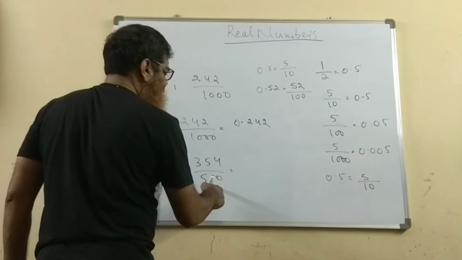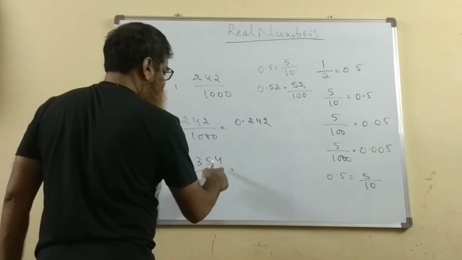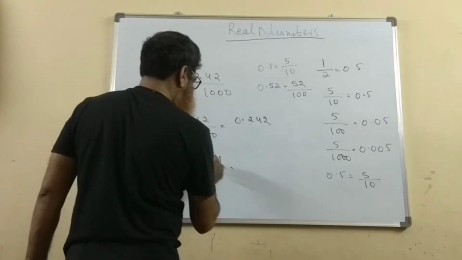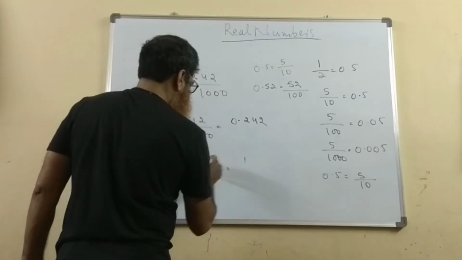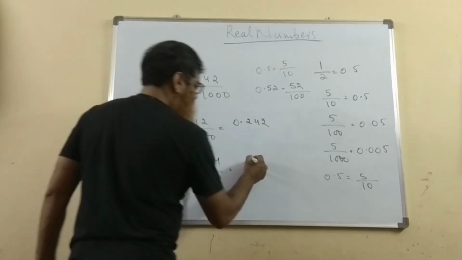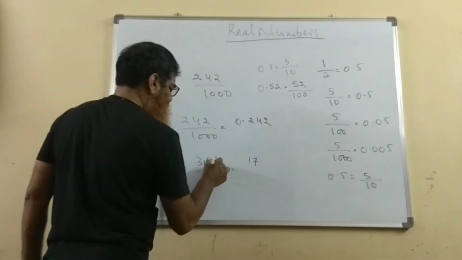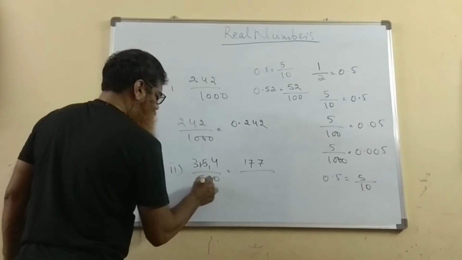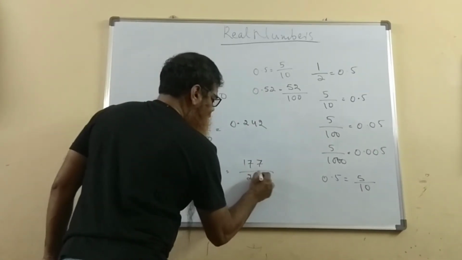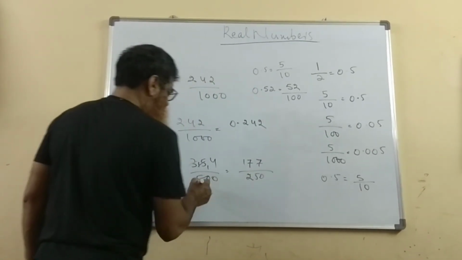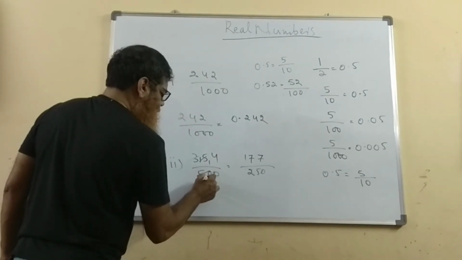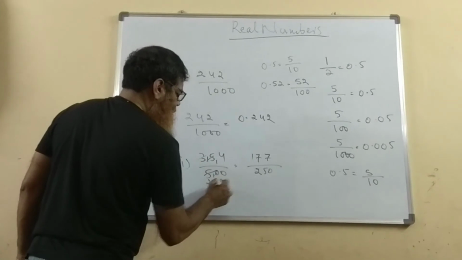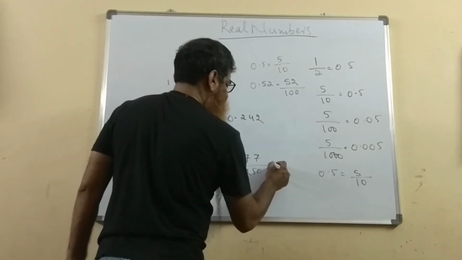Both the numbers are divisible by 2 because both are even numbers. 2 ones are 2, here 1 is the remainder, 2 sevens are 14, then 1 remains again, 2 sevens are 14. 500 by 2: 2 twos are 4, then 1 remainder, 2 fives are 10, then this 0 here, it becomes 250.